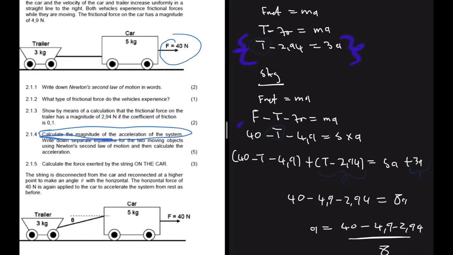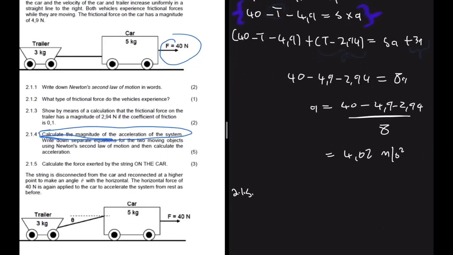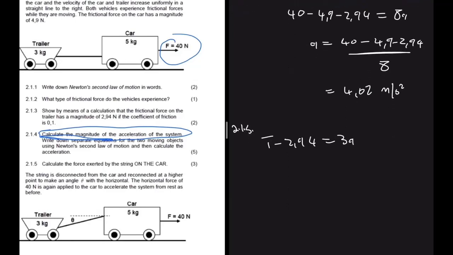Or we can take this equation here, but it's easy to see that the first equation is pretty plain compared to the second one, so that's the one we're going to use. So we say T minus 2.94 equals 3A, but now we know what A is, so we get T equals 3 multiplied by 4.02 plus 2.94, and that equals 15 newtons.